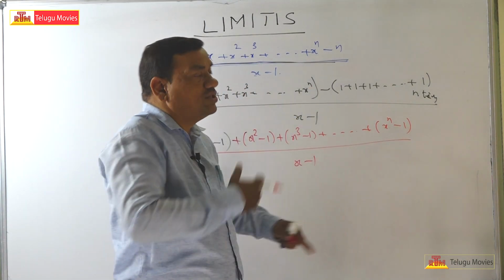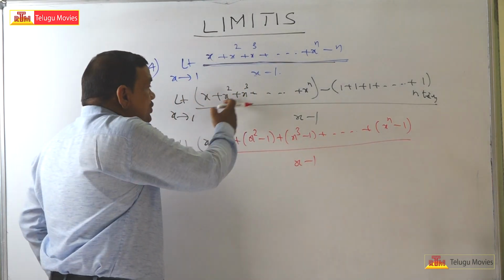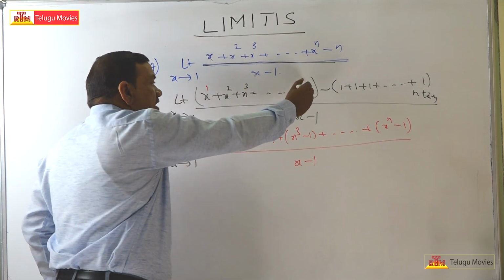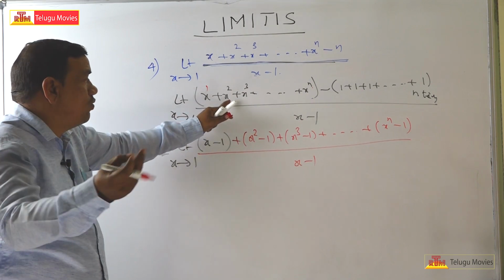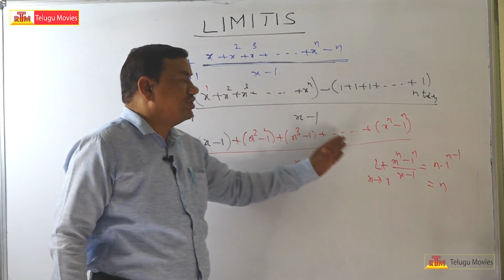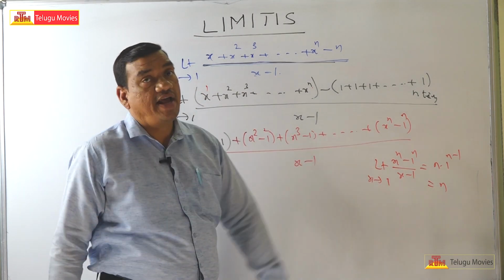Because n means 1 plus 1 plus 1, n ones. So, each one you distribute to this part. Here also, how many terms are there? 1, 2, 3 so on n. One for x, one for x square, one for x cube, right. After distributing this 1 to each of x, x square, x cube, so on x power n.